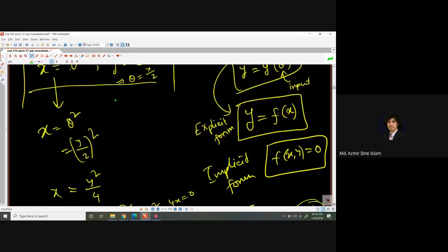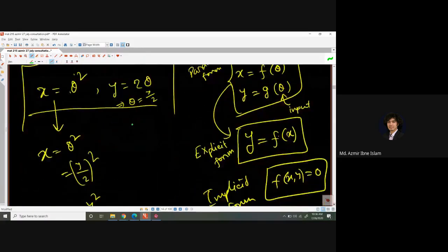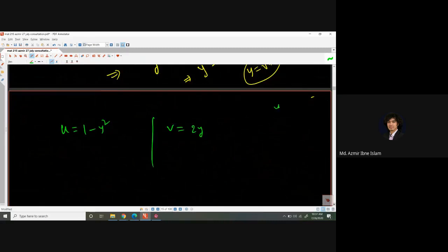So we have found u equal to 1 negative y squared and v equal to 2y. Just like y equal to f of x, we need v equal to f of u. So for this, we can just find y. So y equal to v by 2.